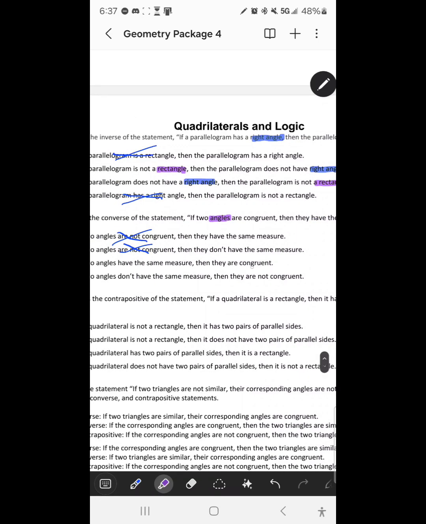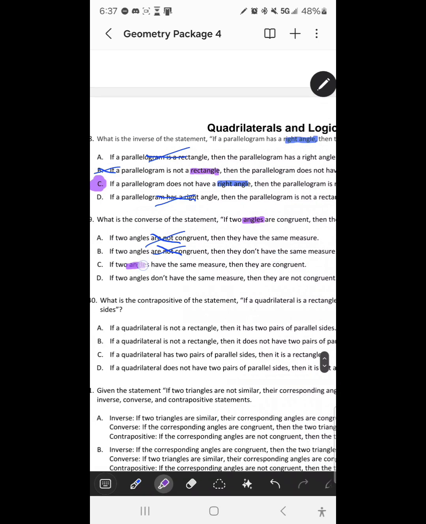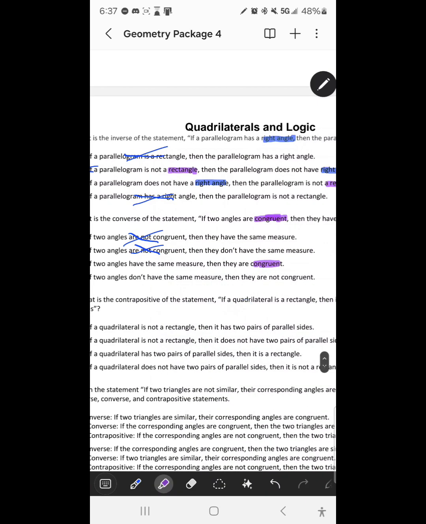Let me check. First we're going with congruent. So here's congruent. Okay, this also has a don't.